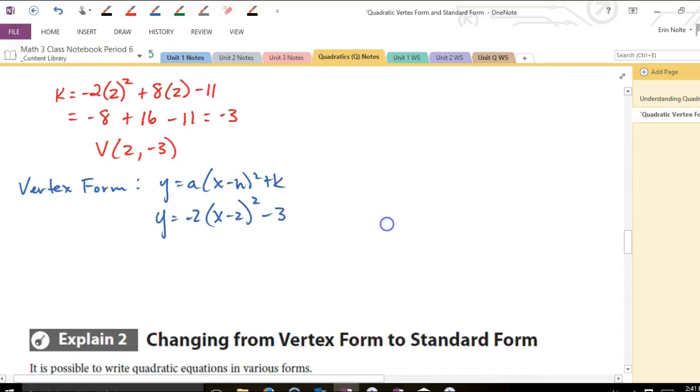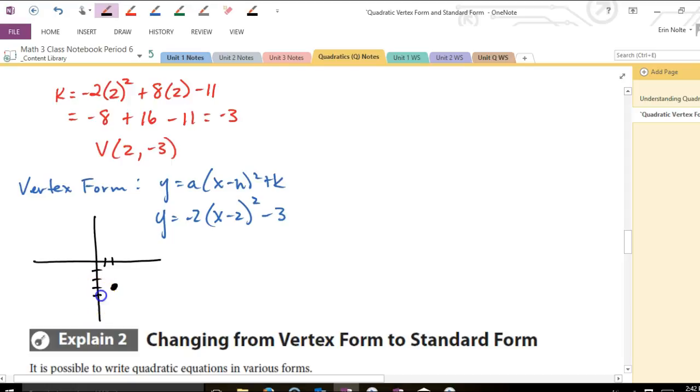Okay, so we can graph that real quick. We know how to graph a vertex. By the way, what's my translation on my vertex form here? What does the negative 3 do? What direction does that take me? Down. So I go down 3, and what does the 2 on the inside do? To the right 2, which makes sense because my vertex was (2, negative 3). Then I'm going to draw my slope, which is negative 2.